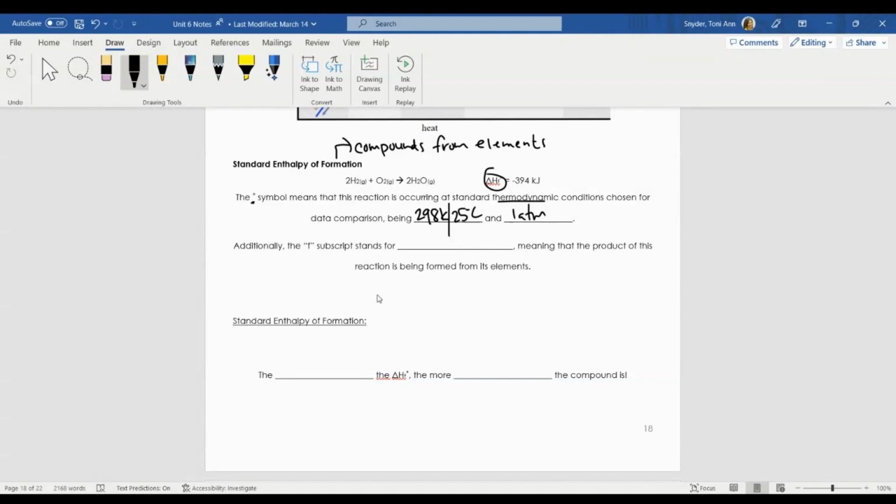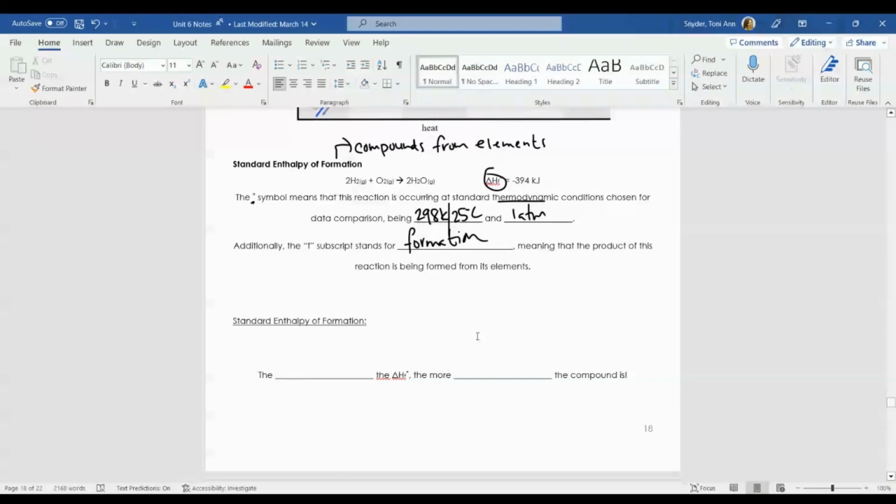So additionally, the F subscript, we said, stands for the formation, meaning that the product of this reaction is being formed from its elements, which we said right here, okay? So let's get a definition for this, which we've already kind of talked about, but we'll get a nice little formal definition here.